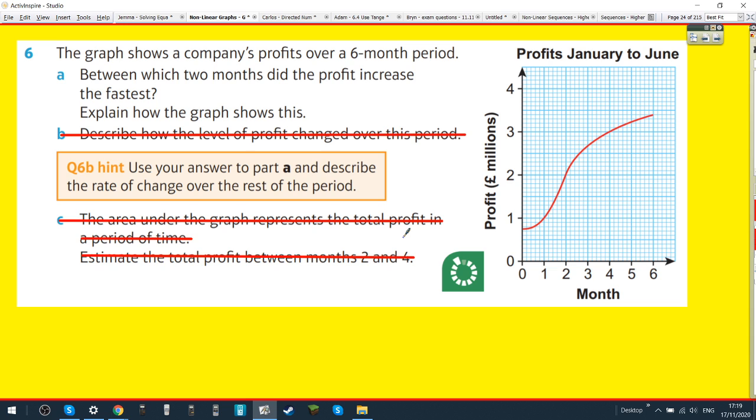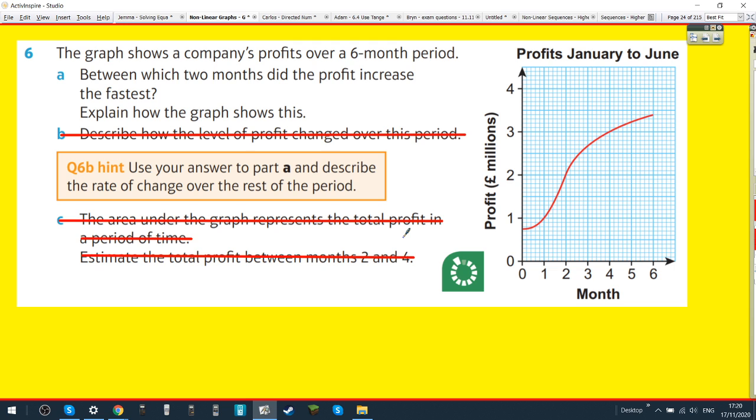So between which 2 months did the profit increase the fastest? It increased from January to March.